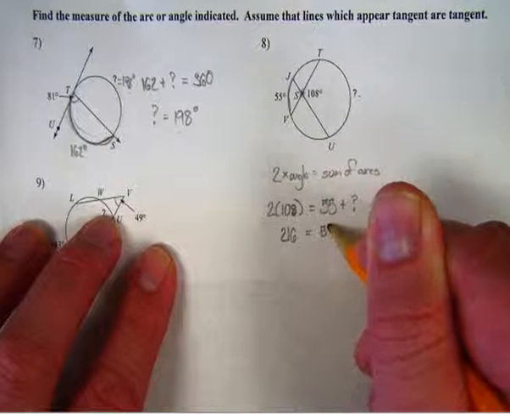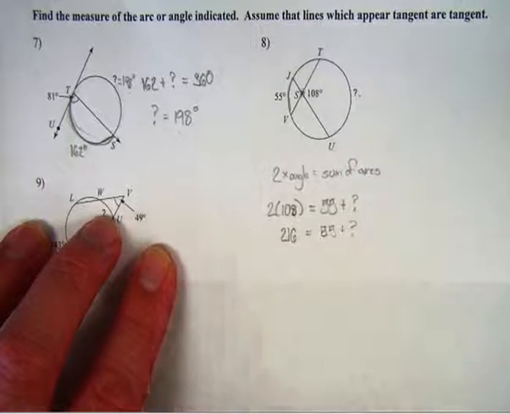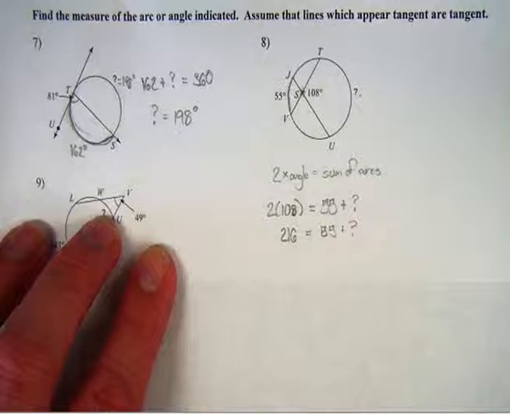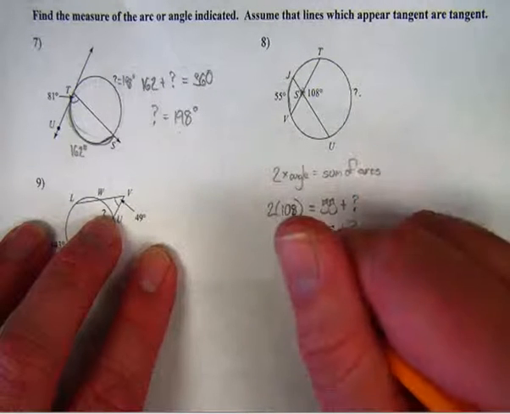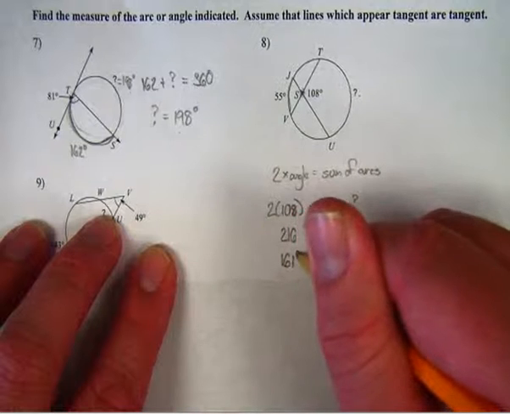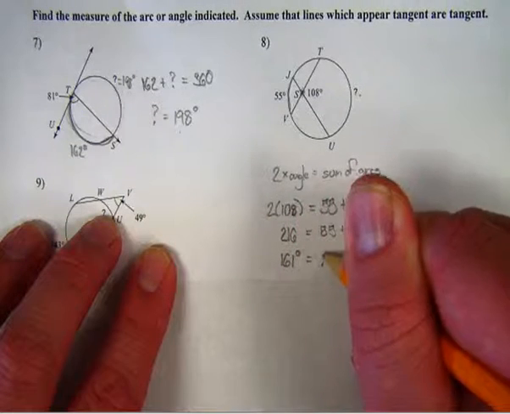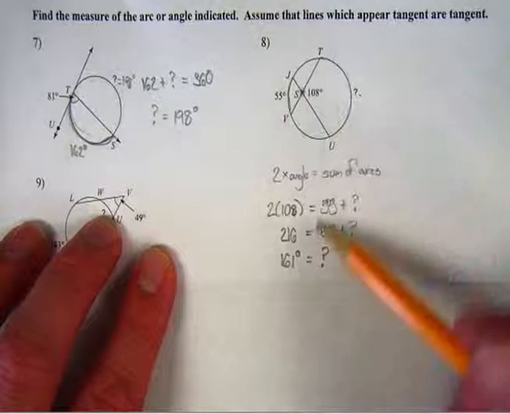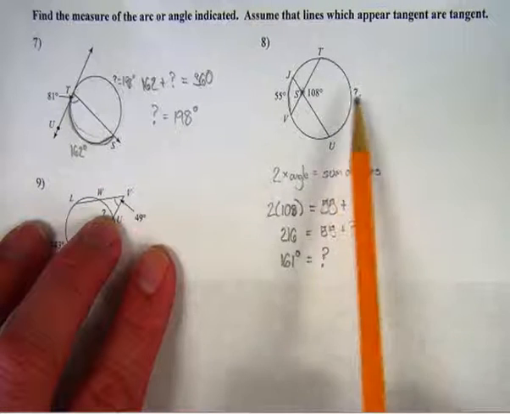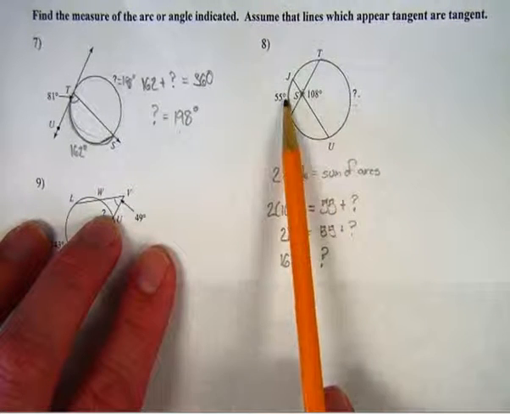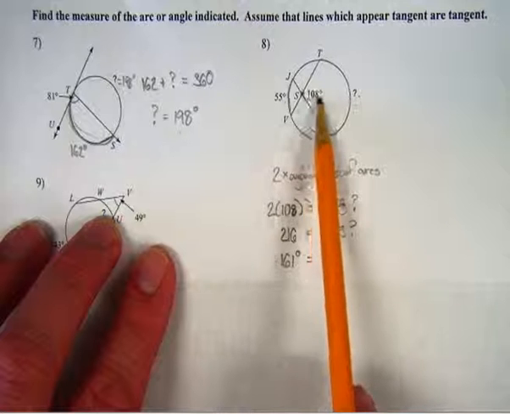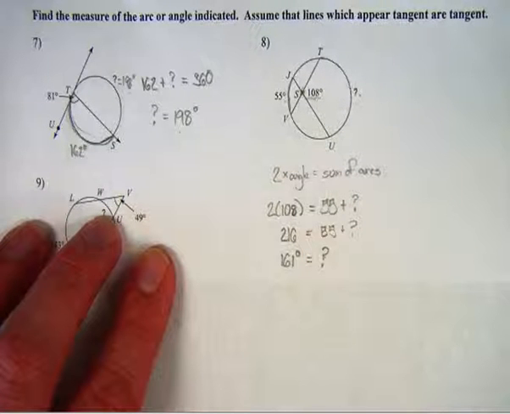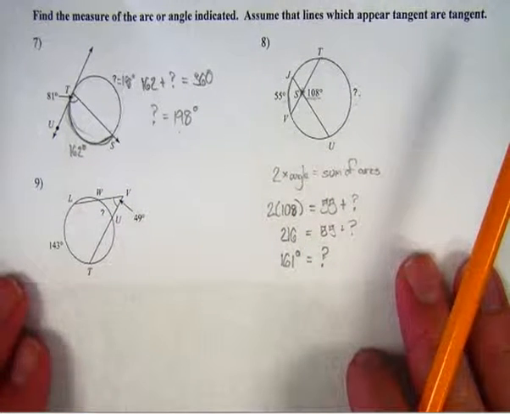So 216 equals 55 plus our unknown value. Subtract 55 from both sides, and we find that our unknown value would be 161 degrees. So the measure of this arc would be 161. And again, that's because if you take this arc plus this arc, it has to be twice the measure of that angle.